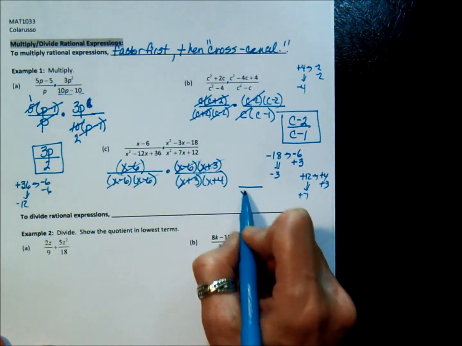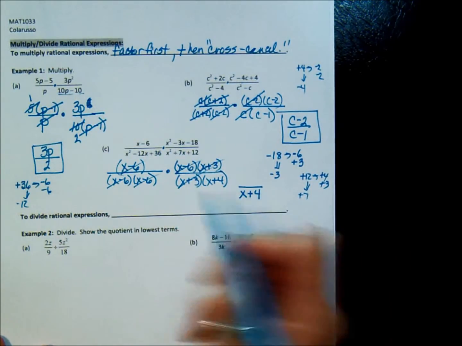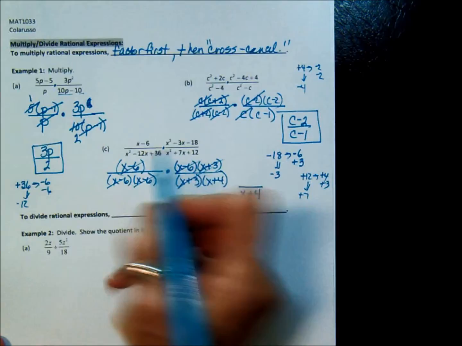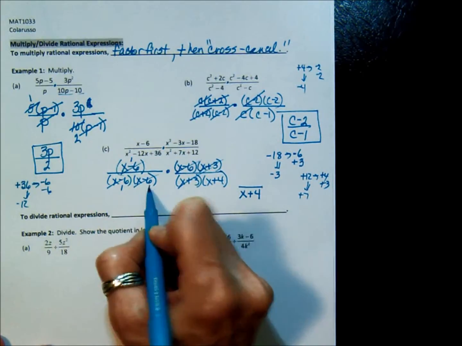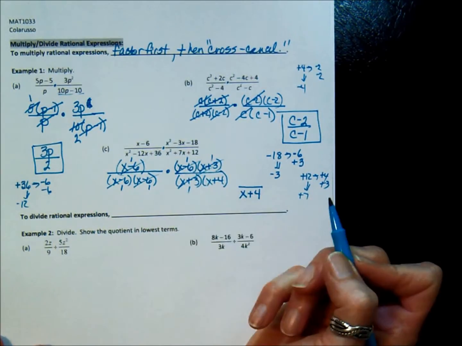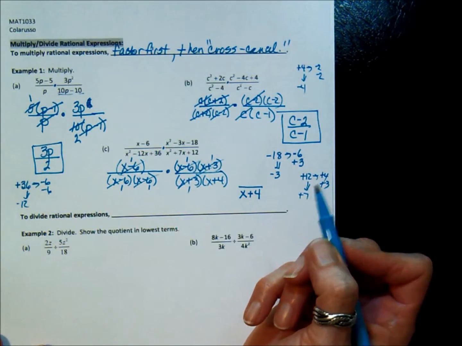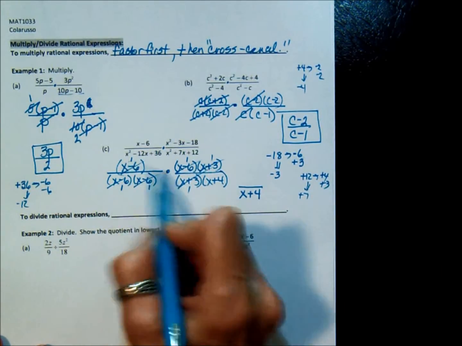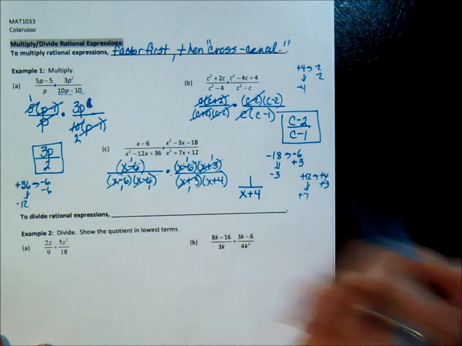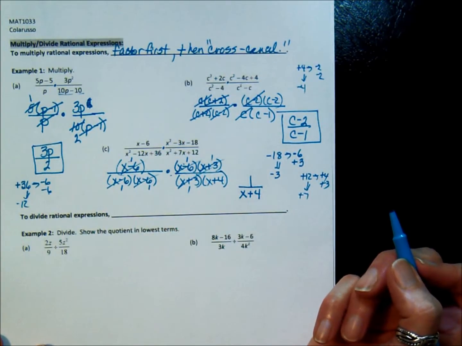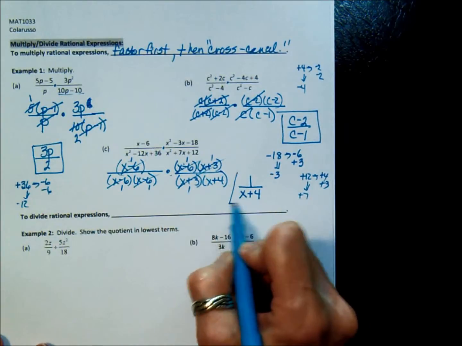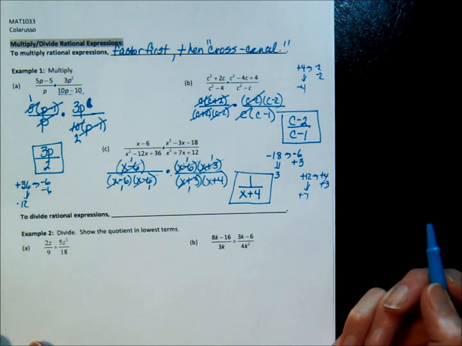It's in a denominator. So what's left in the numerator? Well, every time one of these cross cancels, we're actually making ones. I'm being lazy and not writing them. So what we have left is 1 times 1 times 1. We have a 1 left. Don't just write x plus 4. It's not the same thing. So your answer here is 1 over x plus 4.